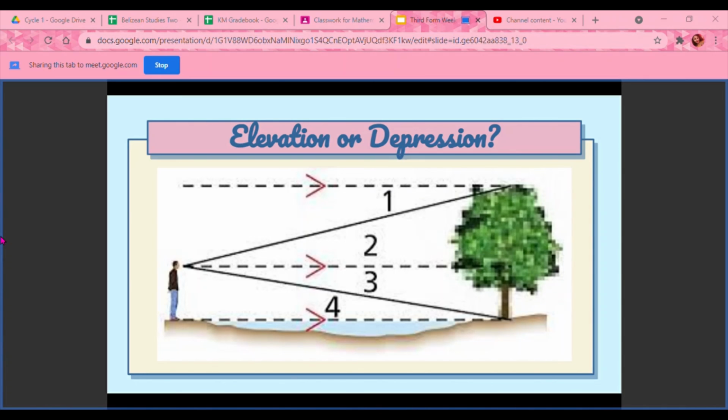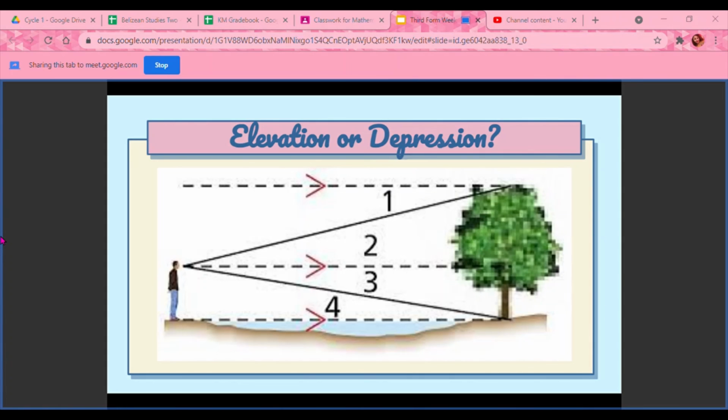So you have to be careful, right? You always use the broken line, and then from the broken line, it has to go to a full line. So if I'm on the broken line and I move to a full line, did I move down or did I move up? That is what you have to be looking at in these pictures.